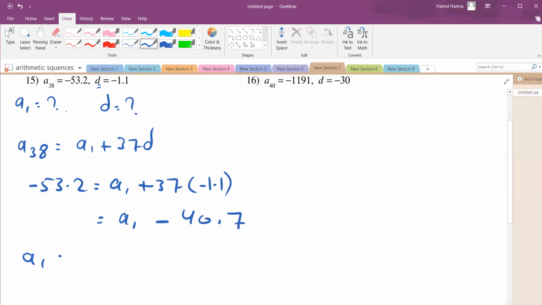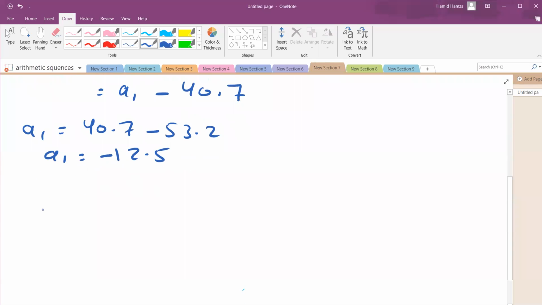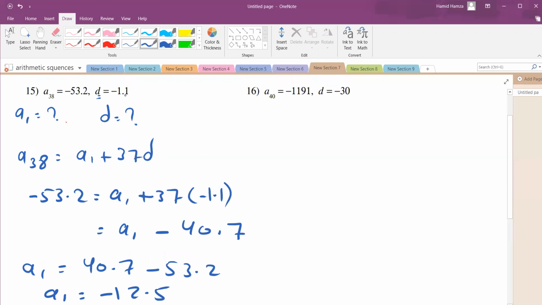So A1 will be equal to 40.7 minus 53.2. So A1 will be negative 12.5. So that's it. So A1 equals negative 12.5. And D is negative 1.1.